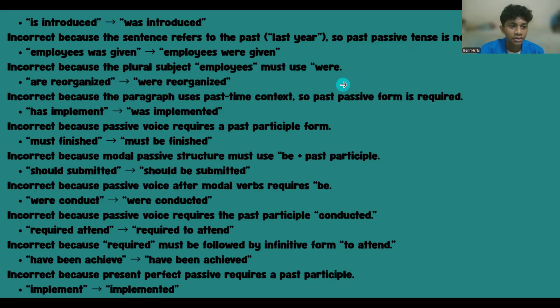"Are recorded and reorganized" to "were reorganized," incorrect because the paragraph uses a past time context, so past passive form is required. "Is implement" to "was implemented," incorrect because passive voice requires the past participle form.